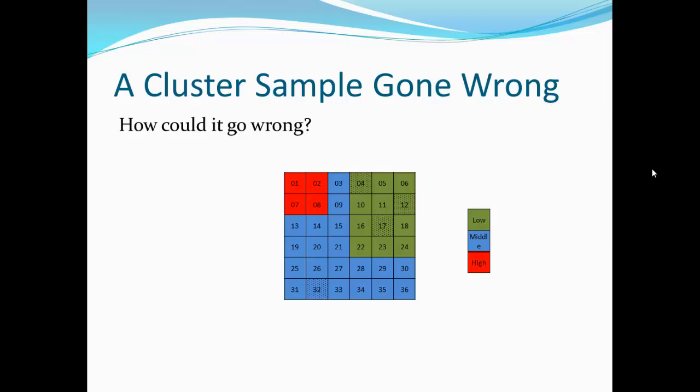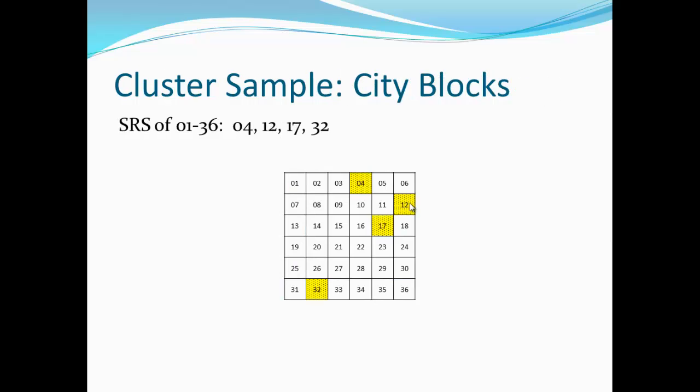Now, if that were the case, you can see that our random selection of blocks took 1, 2, 3 blocks out of the low income area of the city, and 1 block out of the middle income area of the city, and none out of the high income area.